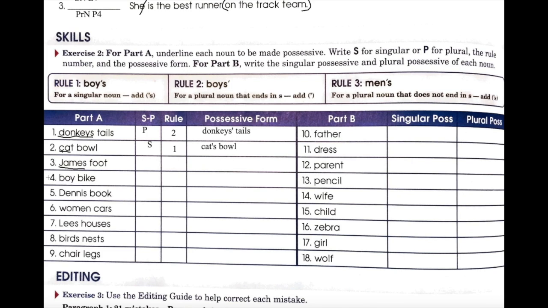Is James singular or plural? It is singular. James is one person. Therefore, it follows rule number 1. For rule number 1, we add apostrophe S, James's. That might look weird to you because James ends with an S, but this is how you are supposed to write it. Pay attention to that because a lot of people, even adults, do that wrong, and it's kind of annoying. But you will not do it wrong because you're learning it now.